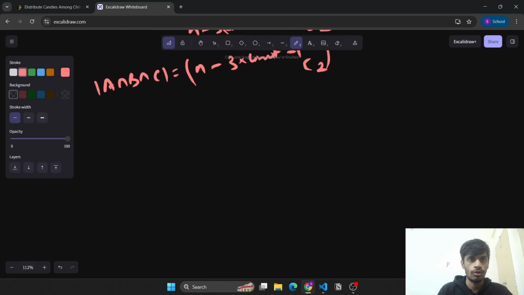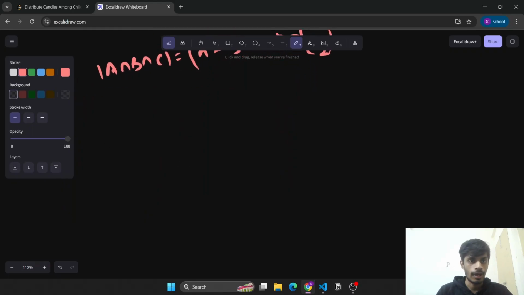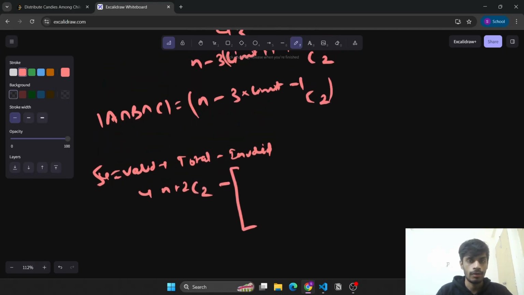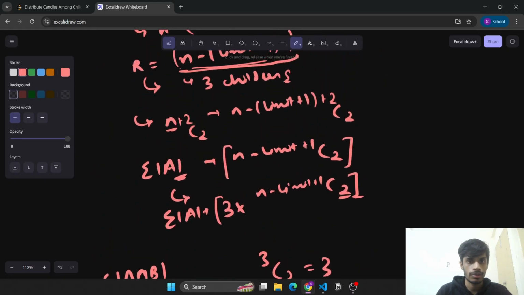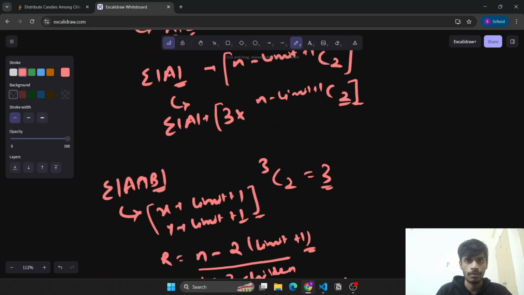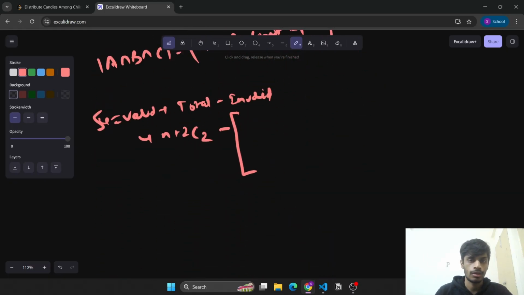And hence the overall result is: valid equals total minus invalid, which is n plus 2 c2 minus invalid. And invalid was summation of mod a, which is 3 into n minus limit plus 1 c2.